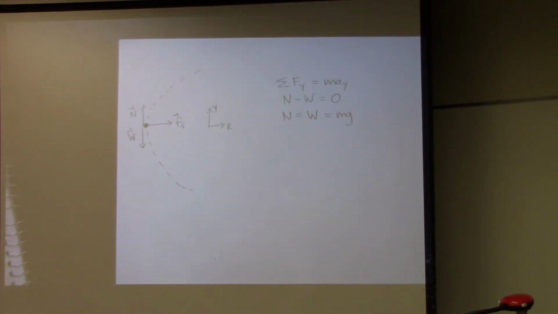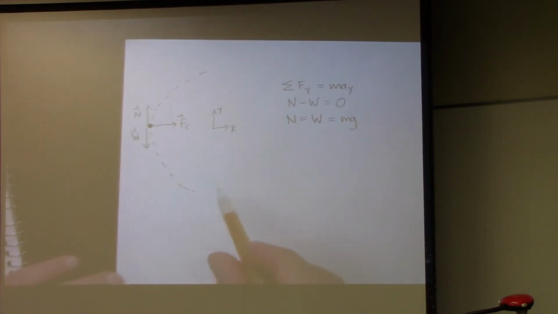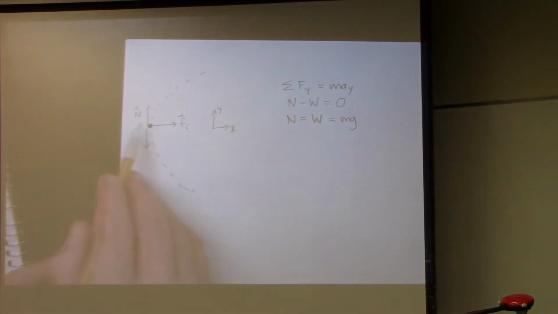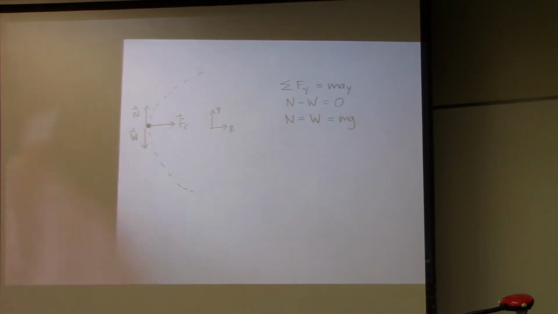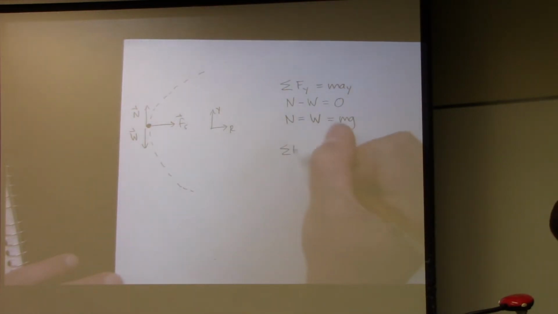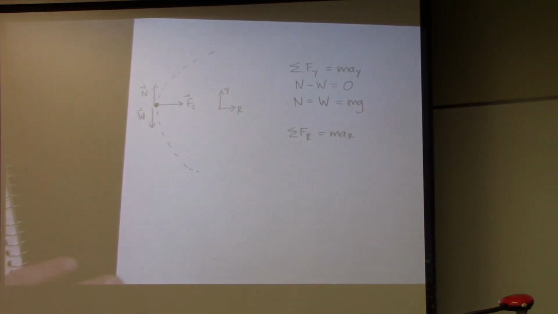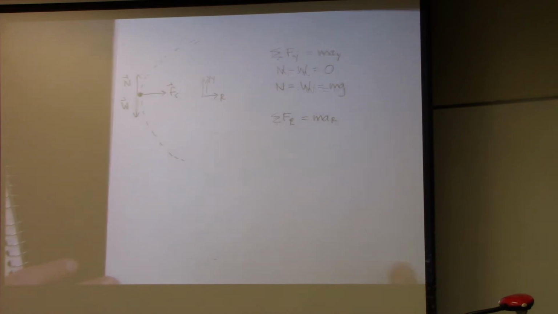Again, the normal force was not just equal to mg when we were at the bottom or the top of the ride, but it is true right here halfway up on the side. Then we do the radial direction. The net force in the radial direction is mass times acceleration in that direction.